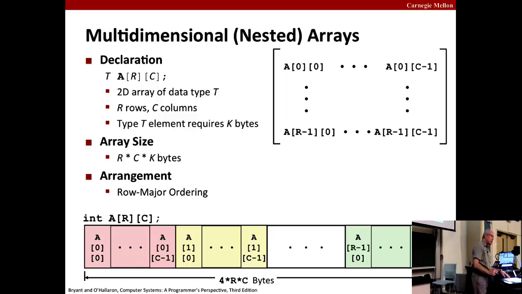Okay, so A is a 3-element array, and generalizing to this picture, A is an array of R elements. This is the first element, this is the second element, and this is the rth element. But what kind of elements are those? Each is an array of 5 ints.